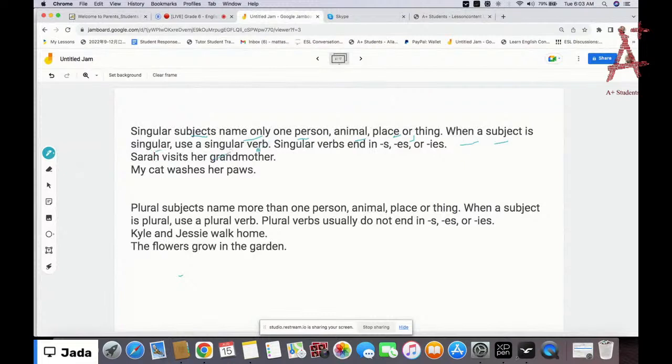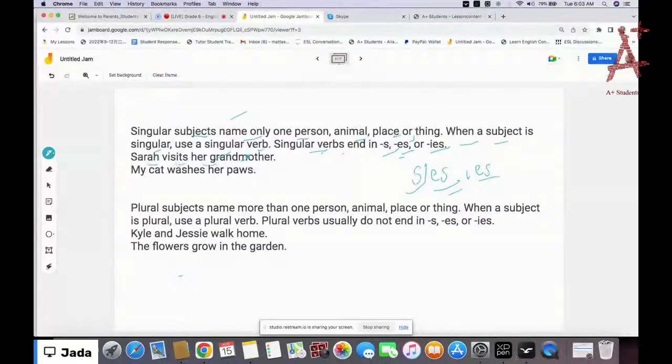So when the subject, the main person in the sentence, is singular, you're going to use a singular verb, and singular verbs end in s, es, or ies. For example, Sarah visits her grandmother.